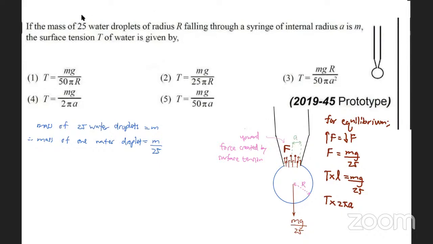The mass of the water droplets is given already, mg over 25. The question is, what is the surface tension of water? So the final answer, T equals mg over 50 pi a. Which answer? The fifth one, isn't it?